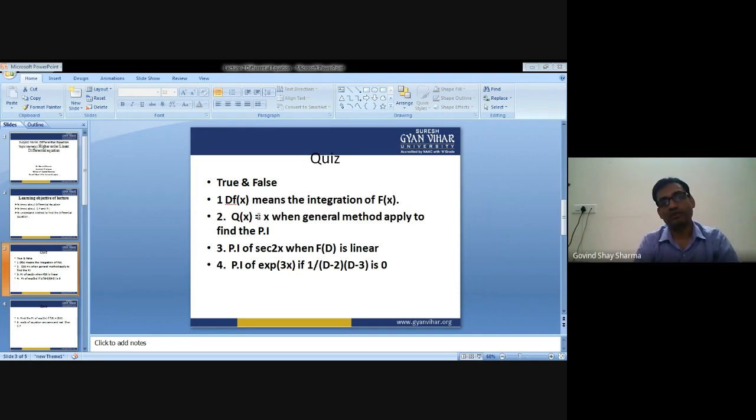When we put the value of D minus 3, alpha is equal to 3, then it converts to infinity. Because we know e to the power alpha x upon D minus alpha, when we put D equal to alpha, it converts to infinity. So this is not possible.